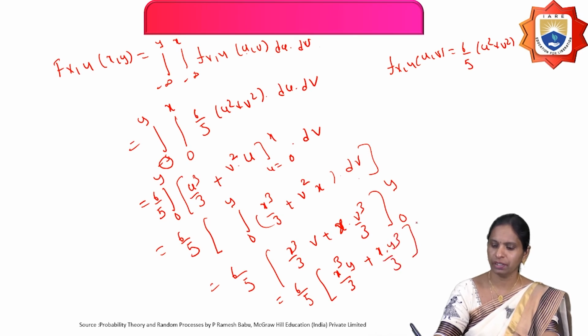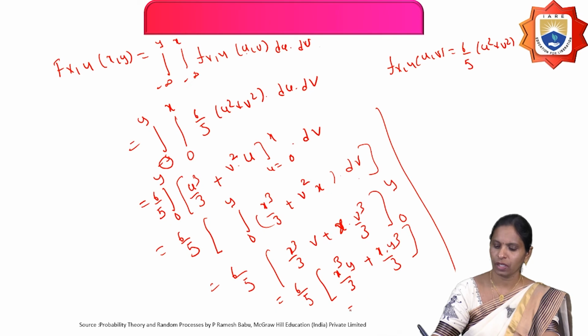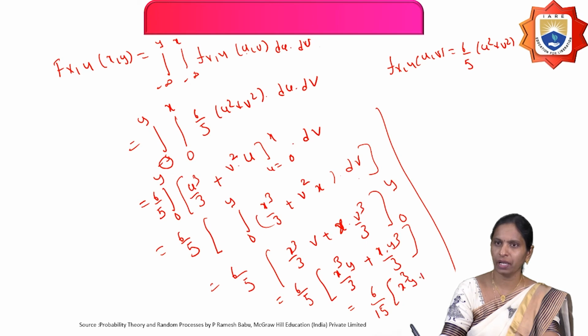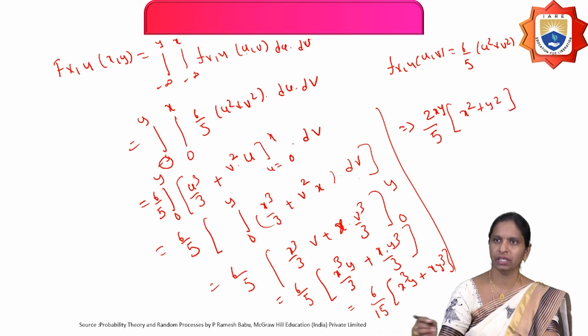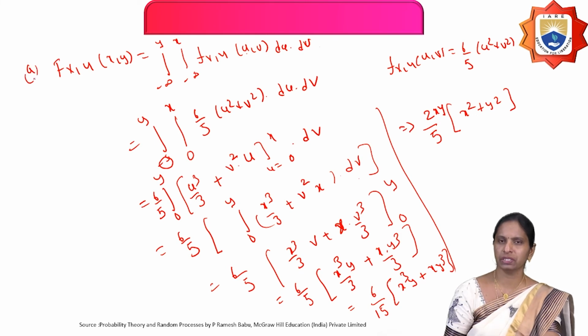That equals, if you take 3 common, 6 by 15 into x cube y plus x y cube. That equals 2 by 5 into, and you can take xy as common, x square plus y square. Therefore, this is the distribution function of the random variables x and y.